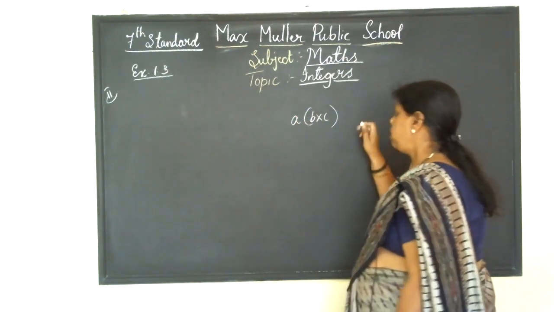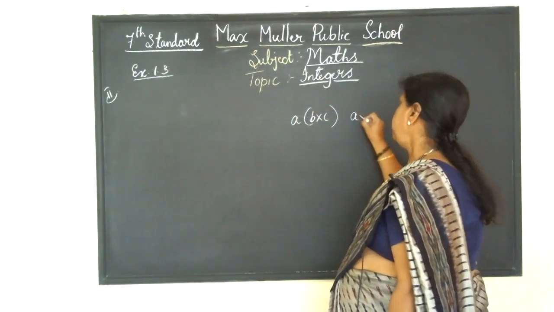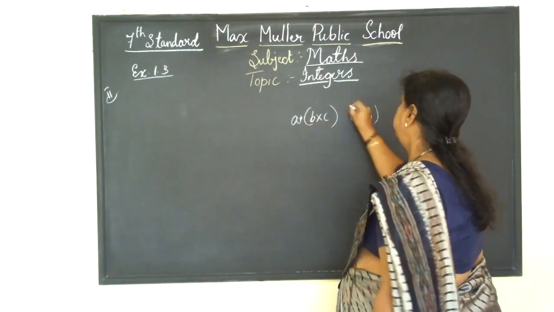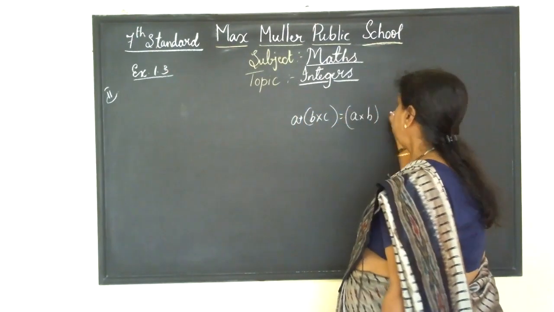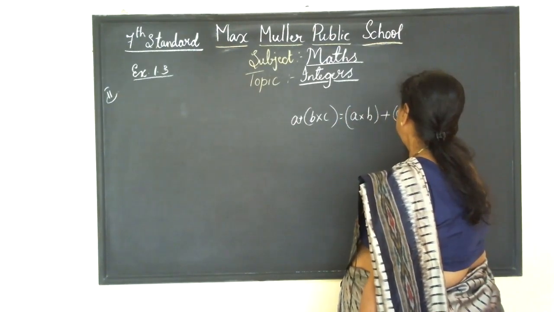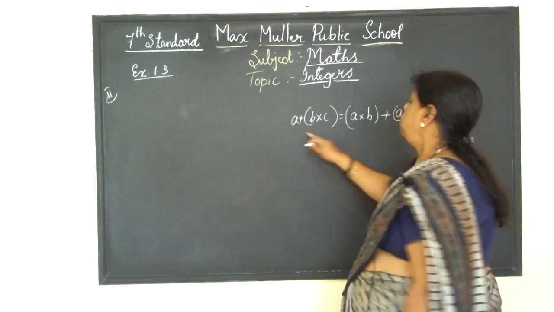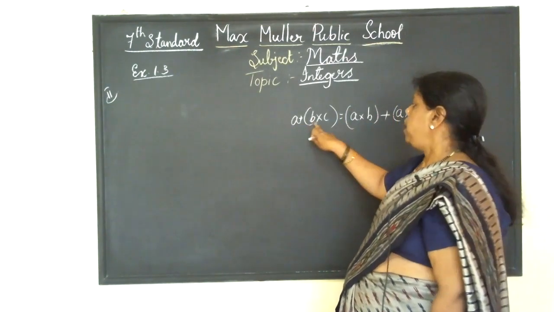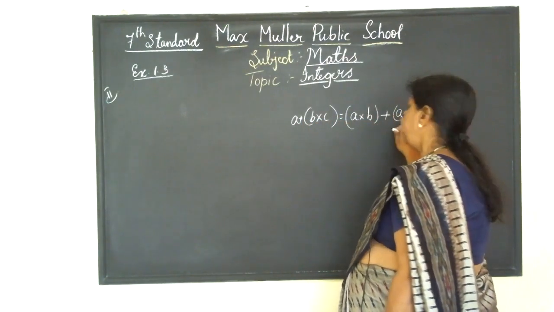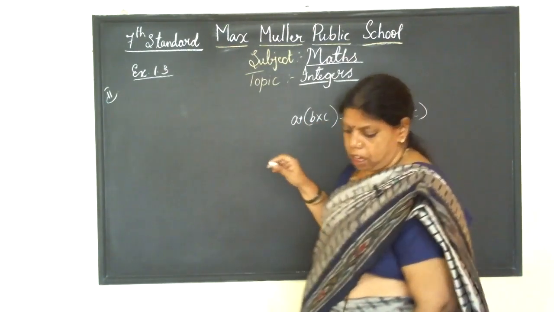So A will be distributed to B and C. So A into (B plus C) must be equal to A into B plus A into C.